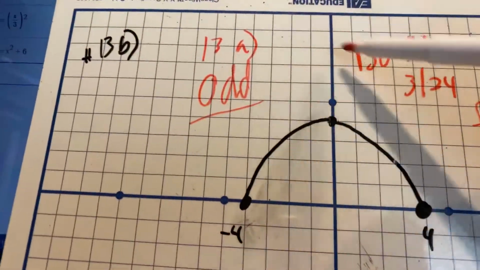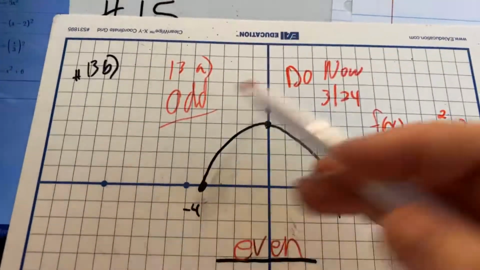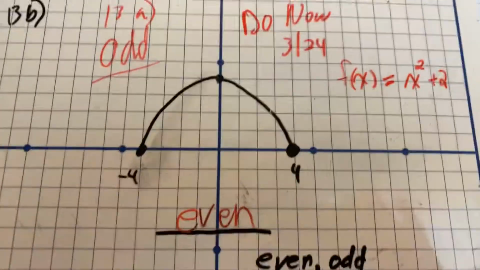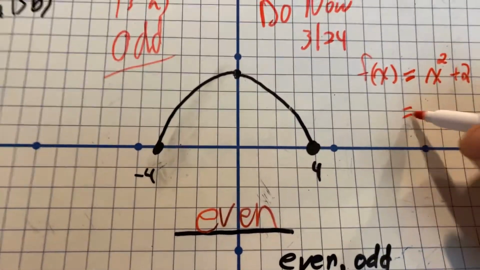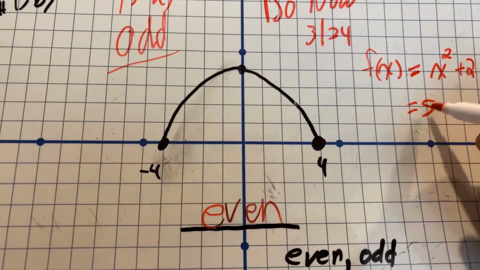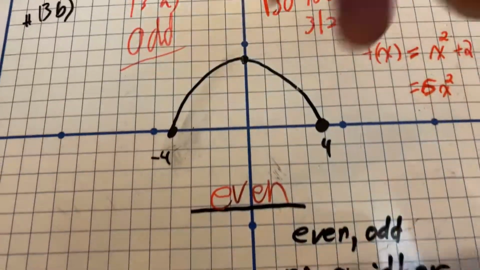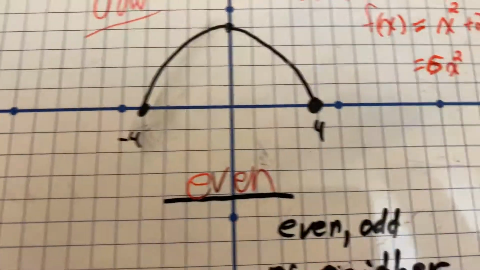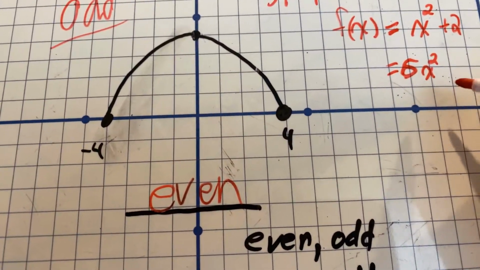I could shift this up here, I could shift it down below, and it would still reflect upon itself about the y-axis. You can do any type of a vertical stretch or compression. You could have 6x squared, which will just stretch my whole shape out vertically, and that will still maintain being an even function.